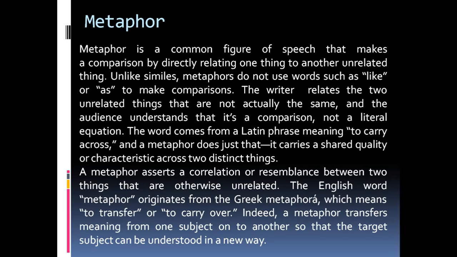It carries a shared quality or characteristic across two distinct things. A metaphor asserts a correlation or resemblance between two things that are otherwise unrelated. The English word metaphor originates from the Greek metaphora, which means to transfer or to carry over.